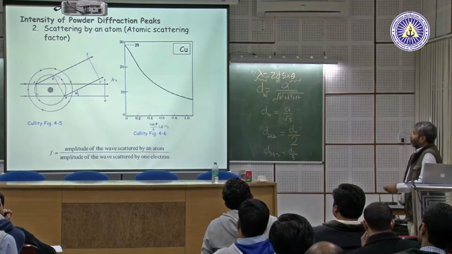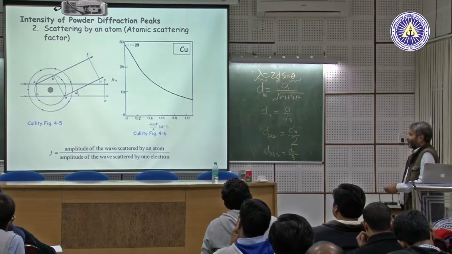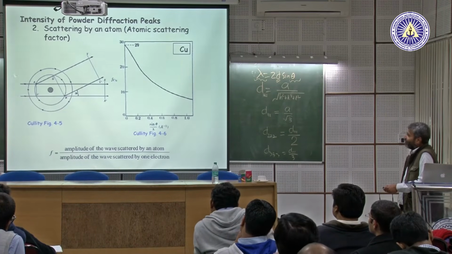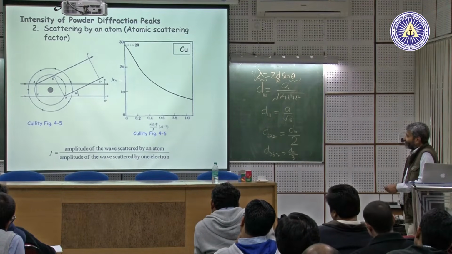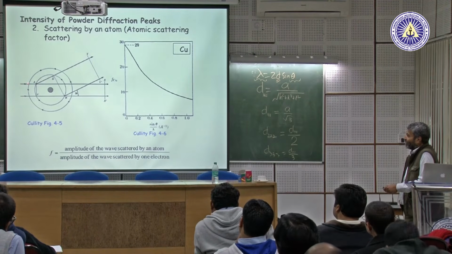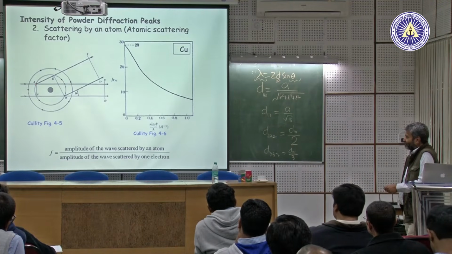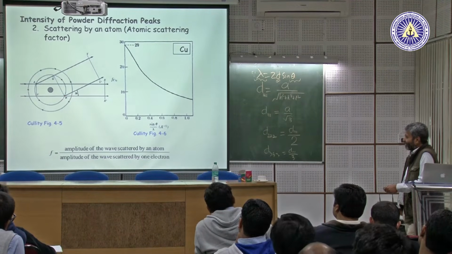Now, when you look at atoms, in an atom you do not have one electron, but several electrons. This picture, which is again Cullity's figure 4-5, shows X-rays coming to different electrons and going in the forward direction. You can show that in the forward direction there will be no path difference, because the A electron travels this much distance, and the B electron from incoming to final travels the same distance.